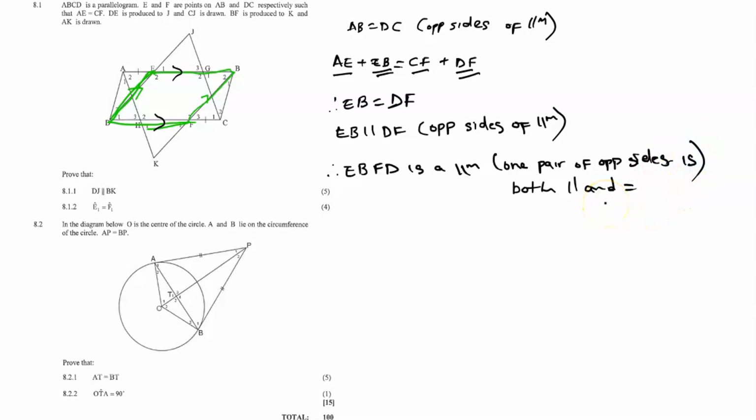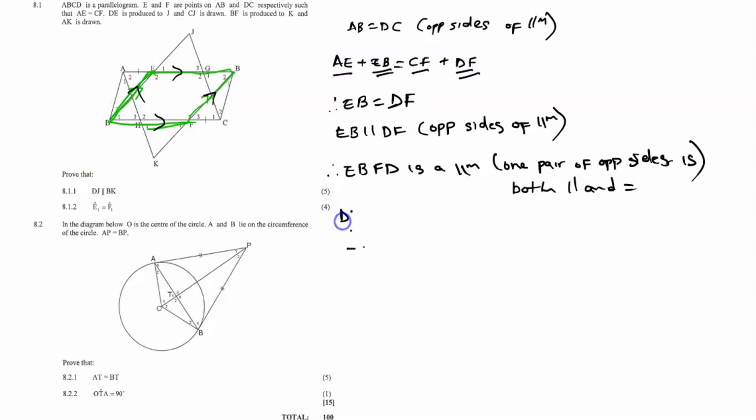So we do know that. Therefore, since this is a parallelogram, that means this one is parallel to that one, which means DE, since DE is DJ produced and BF is BK produced, that means we actually proved this.